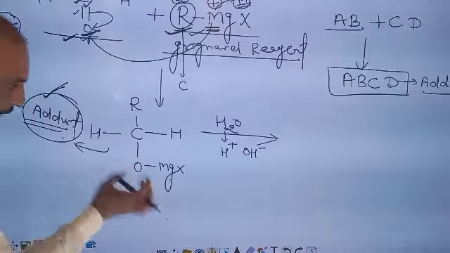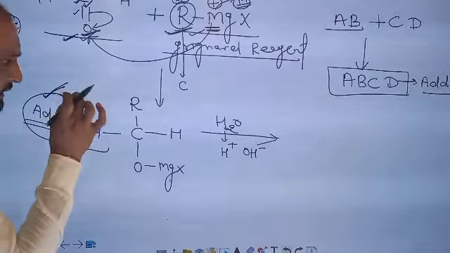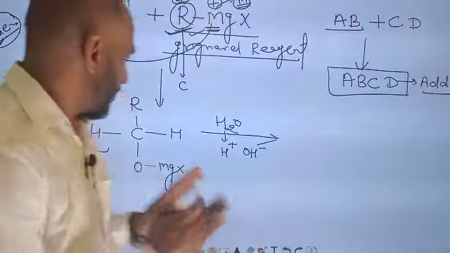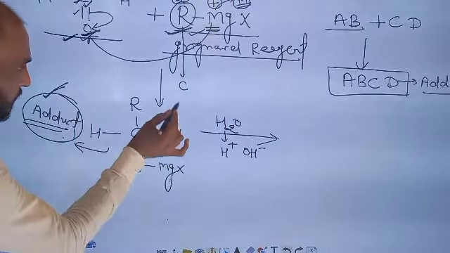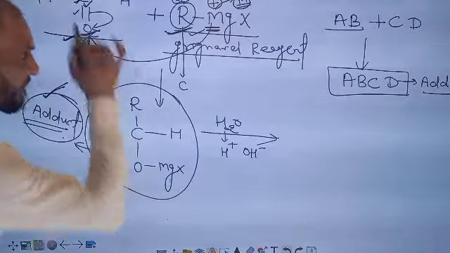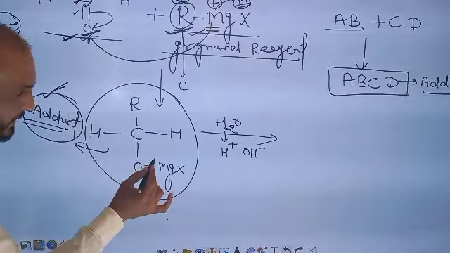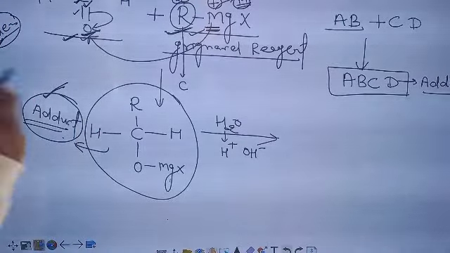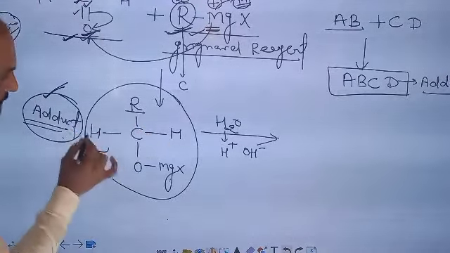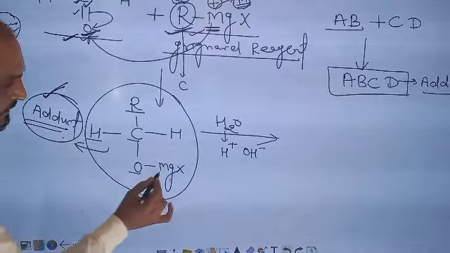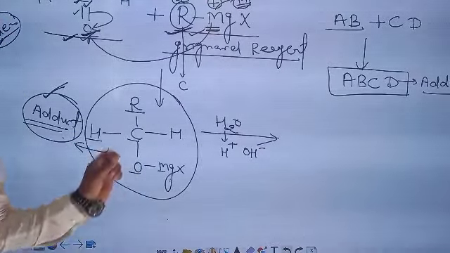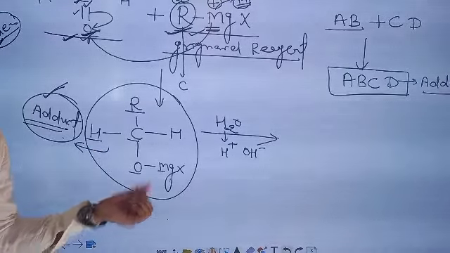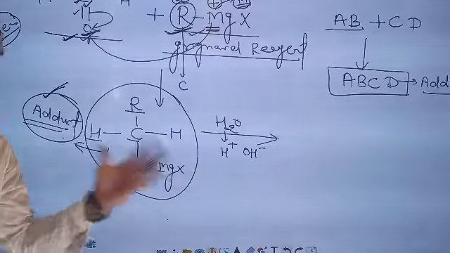Now in the adduct product, which place has maximum polarity? Maximum polarity always shows where cleavage occurs in a molecule. It's carbon, hydrogen, carbon, oxygen, magnesium. Which atom has the maximum electronegativity: oxygen, carbon, hydrogen or magnesium?